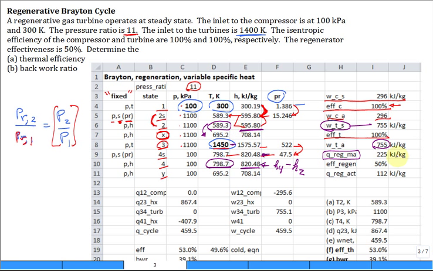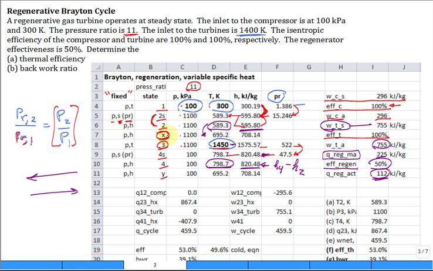So it's around 225. That's the actual maximum. Now, if you multiply that by the effectiveness specified to be 50%, we expect now 112 kilojoules per kilogram transferred. Because the kilogram of air is the same for the hot as well as the cold side, you don't have a different flow rate for each side, so it's simpler. And so now we know that's the actual change.